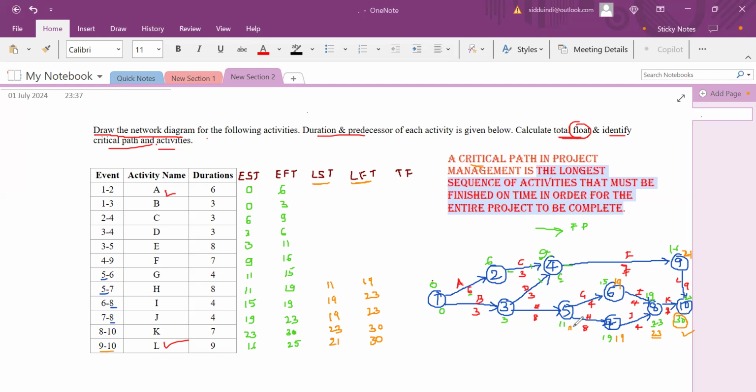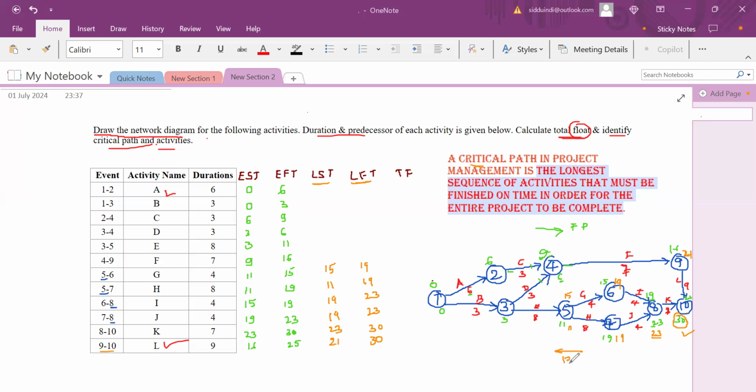Here we will get 11. Now here 5 to 6, the latest finish is 19, and 19 minus 4 will get 15. Here we will get one more, 15.